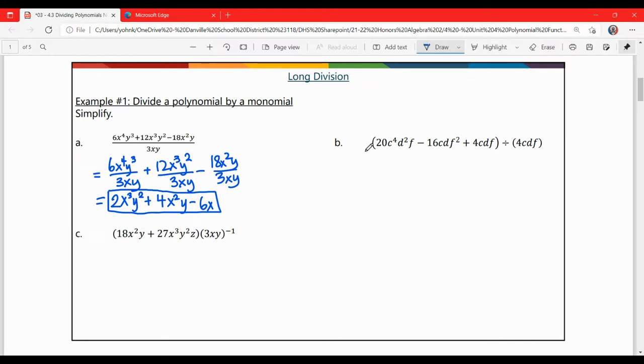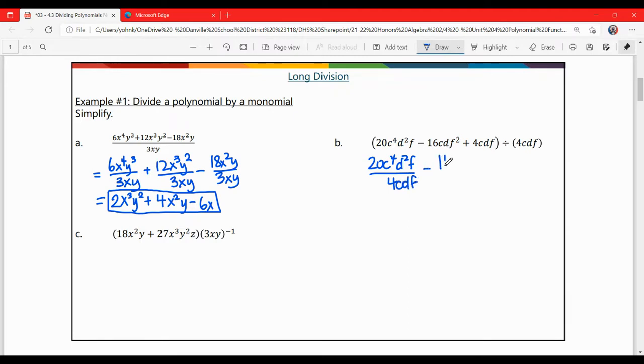Okay, if we take a look at letter B, we have a trinomial divided by a monomial. It looks a little bit different than the setup for A. However, they're the exact same thing. So what we're going to do is take each of the terms in the trinomial and divide it by the monomial. So we're going to take the first term, 20c to the fourth d squared f, and we're going to divide it by 4cdf.